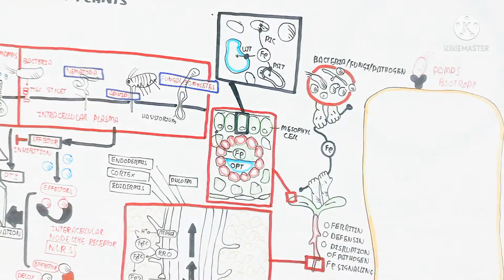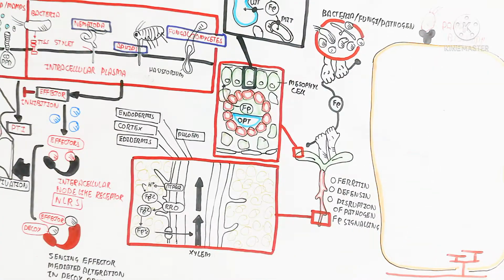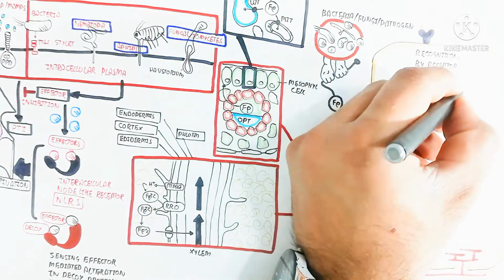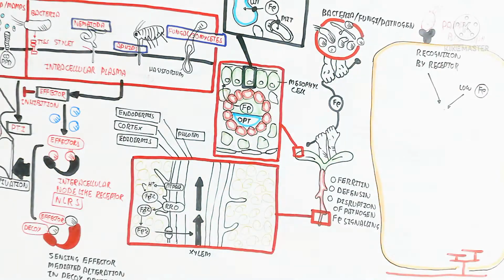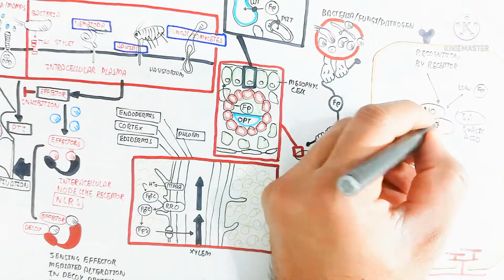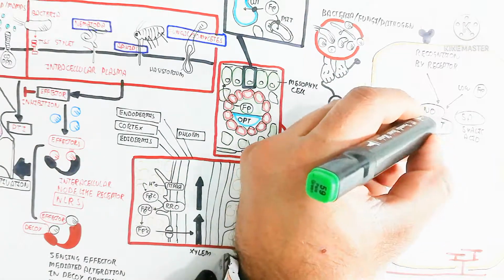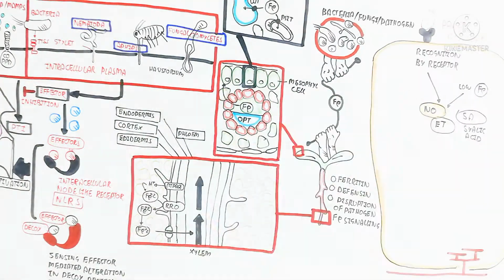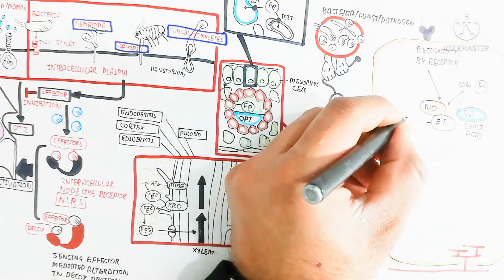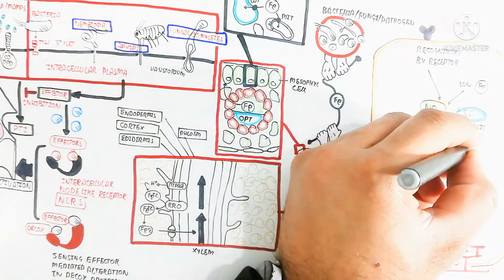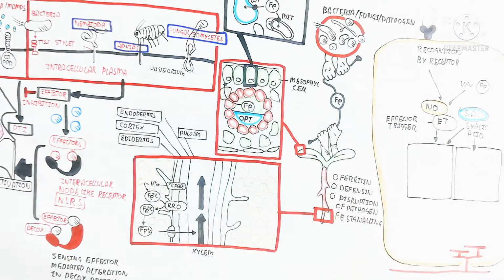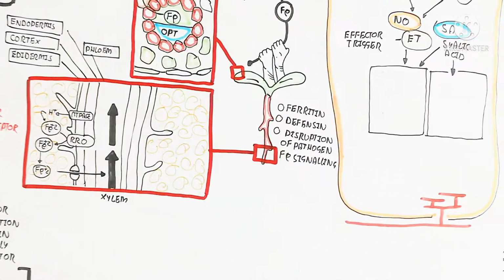How? So here, after the binding with the pathogen-associated molecular pattern, the biotrophs, after the binding, the recognition by receptor during low iron will lead to an increase in nitric oxide, ethylene and salicylic acid. After the salicylic acid, nitric oxide and ethylene increase, they will trigger the effector trigger. This is basically the effector trigger, not ethylene, but it is effector trigger, sorry.